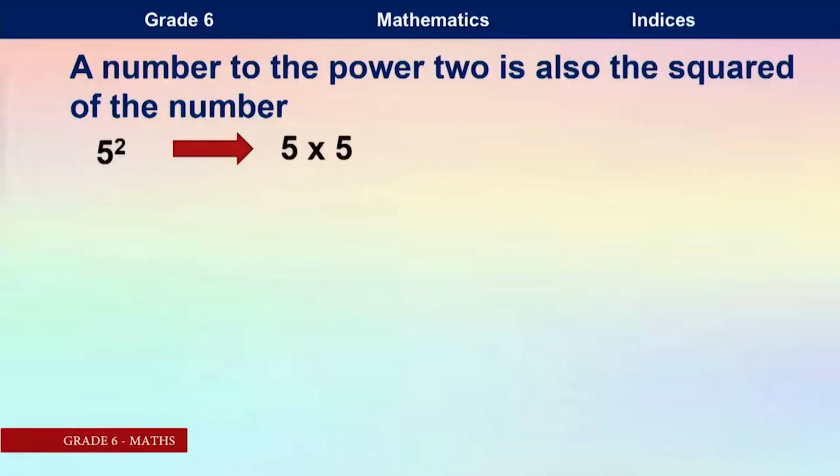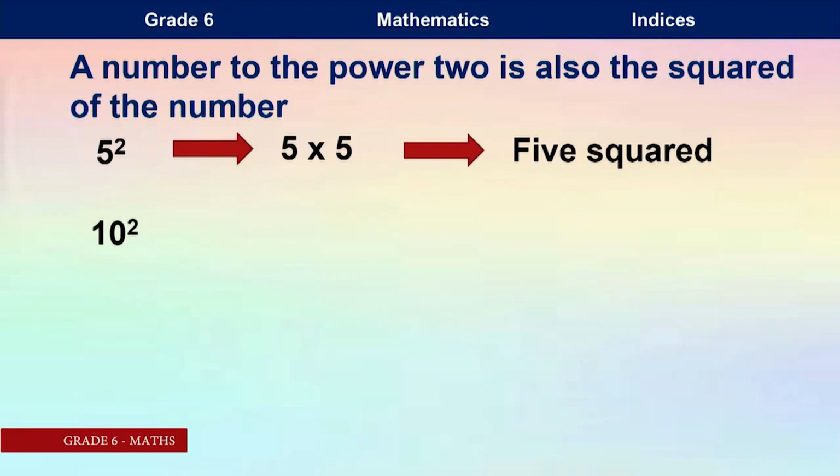Then we can write it 5 multiplied by 5. Then there's another name for that, that is 5 squared. You have learned how to read it 5 to the power 2, and there's another name if the index is 2. So that is 5 squared.